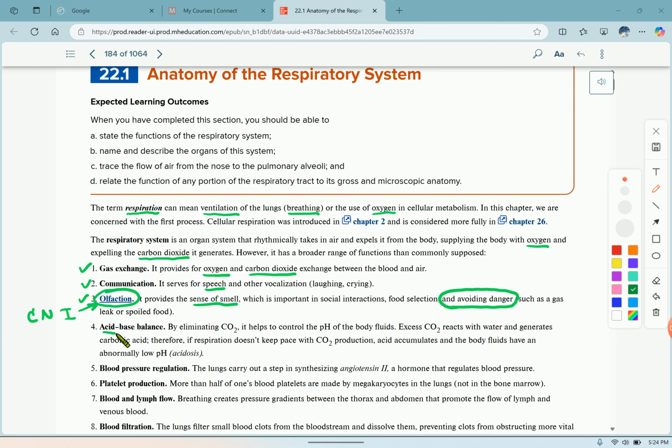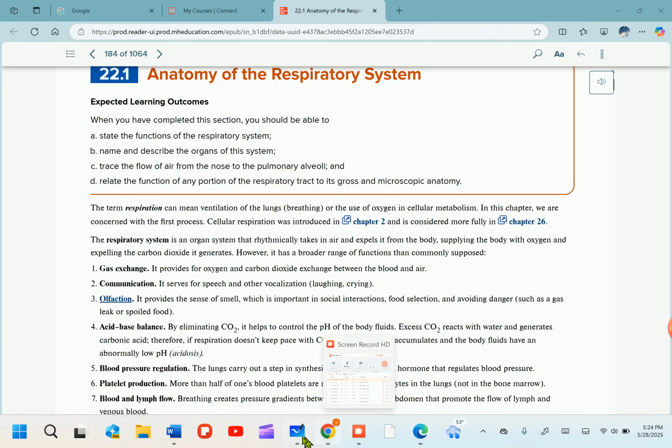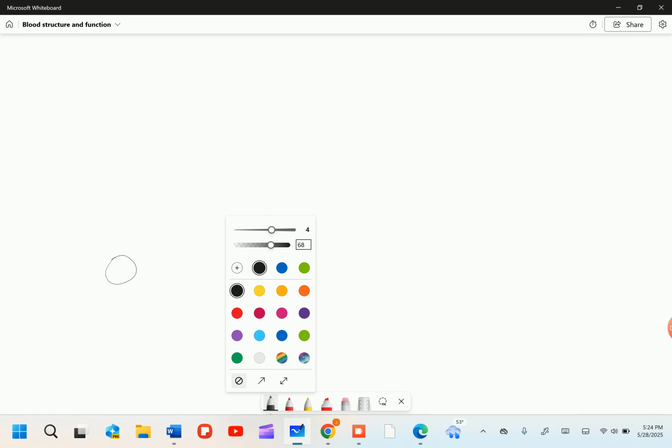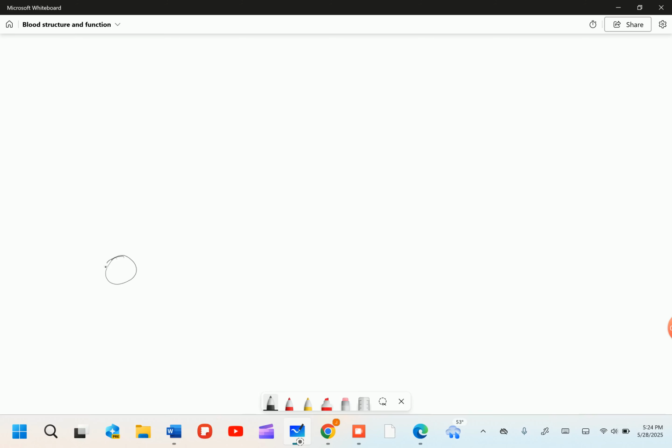All right, acid-base balance. So let's do a quick review of acid-base balance. All right, so you have 0 all the way over to 14.